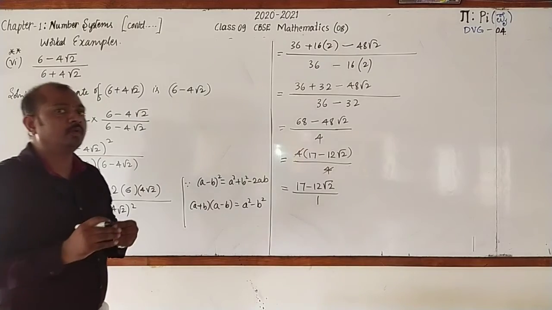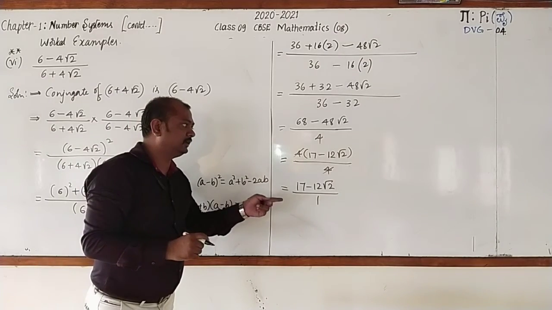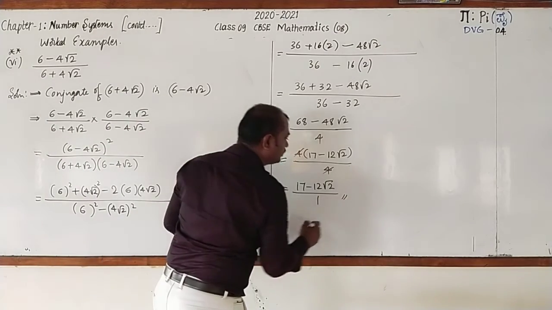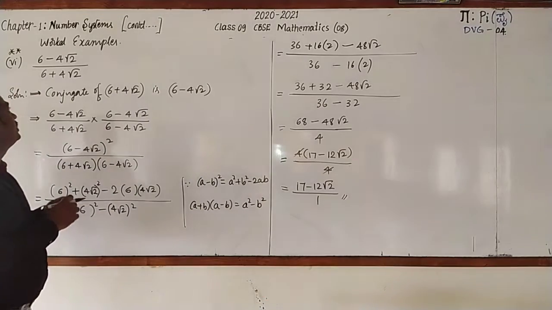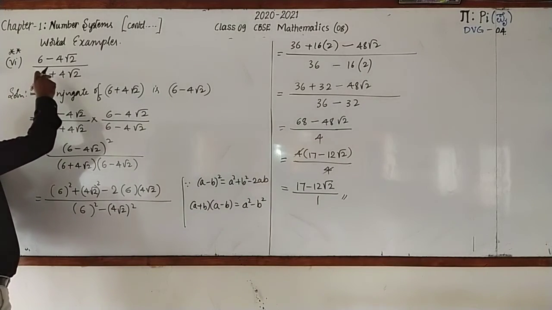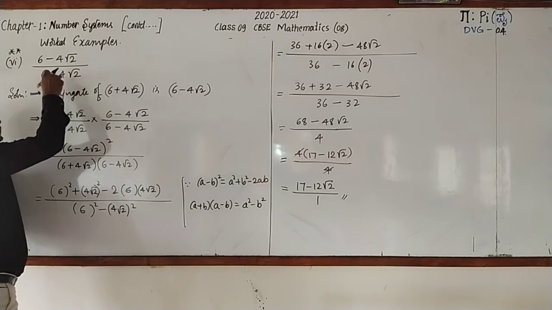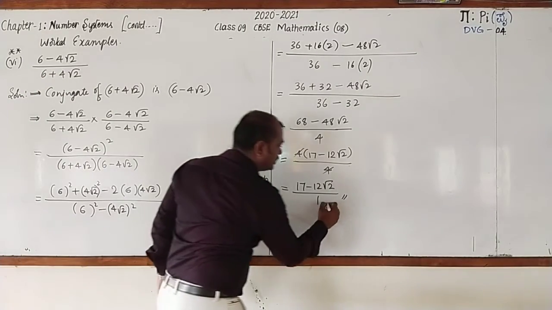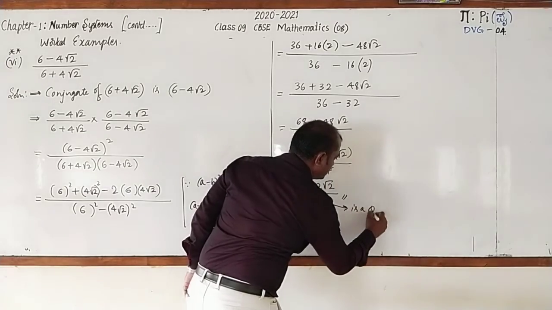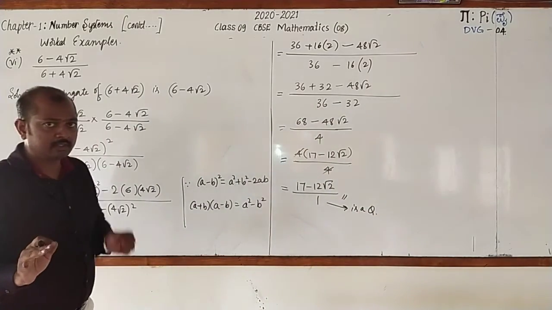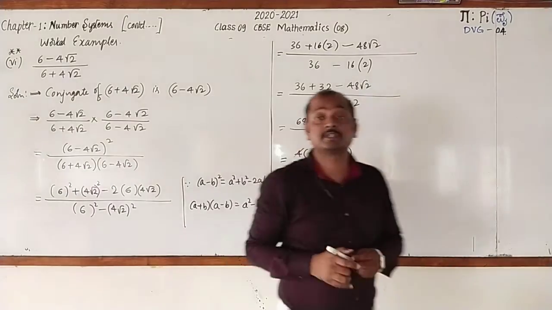Actually 1 no need to write, but here in this case we need to write that one. The reason is we are going to show the rationalization of the denominator. Denominator is irrational, it has been converted into a rational. Got it? Very important, it must be practiced.